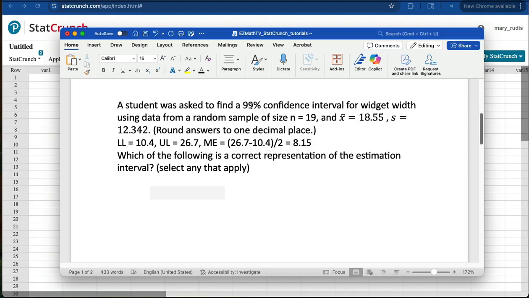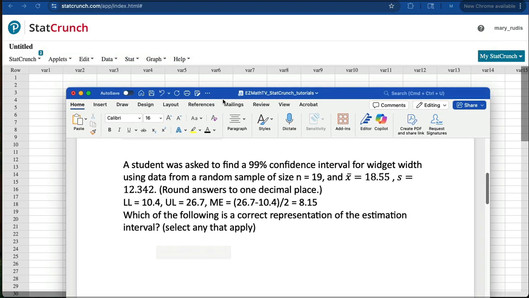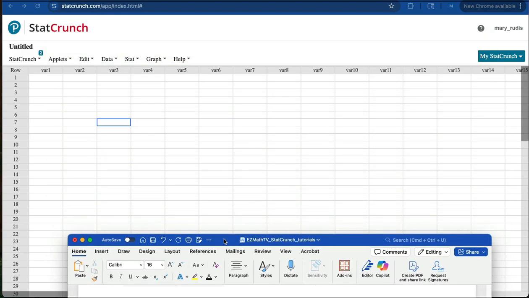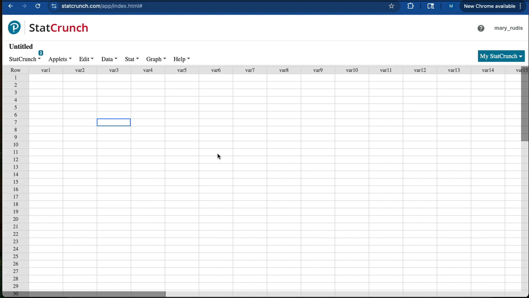So write down your 99%, your sample size n equals 19, x bar equals 18.55, and s equals 12.342. Get those written down and bring up StatCrunch.